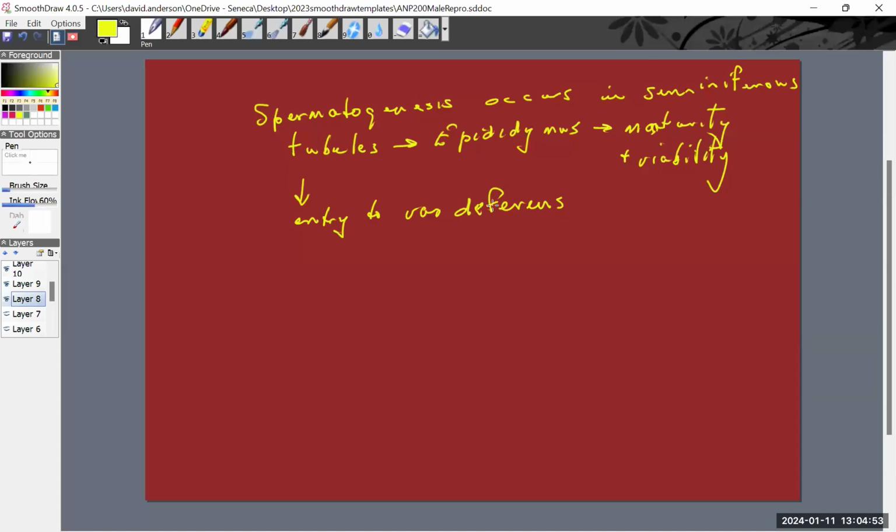So the seminal vesicles are going to contribute now seminal fluid, about 60% of the total seminal fluid. Remember, you don't need to remember percentages in my class, but recognize that if it's 60%, most of the seminal fluid is going to come from these seminal vesicles.